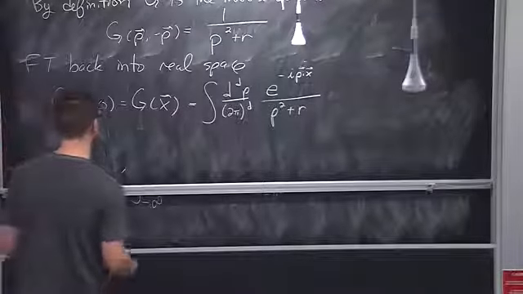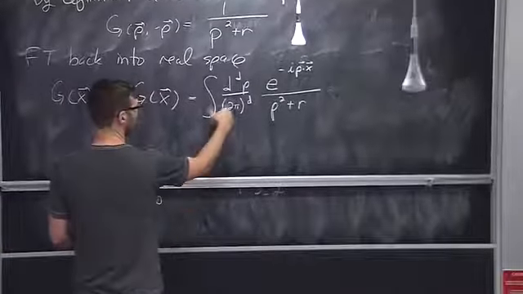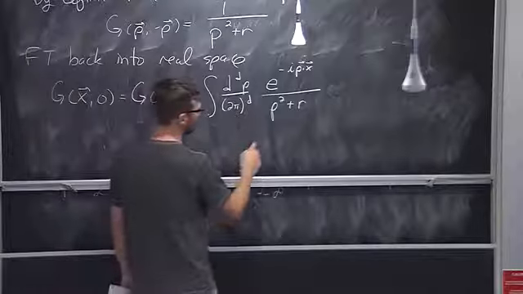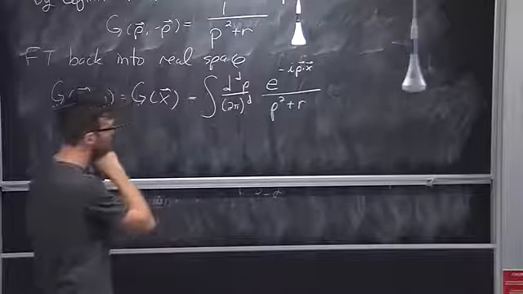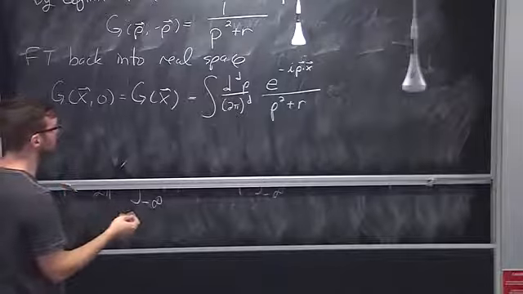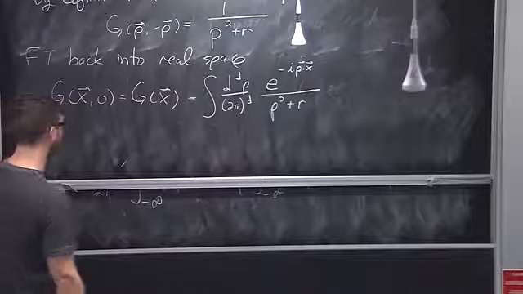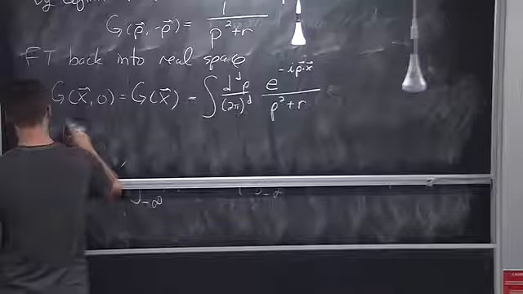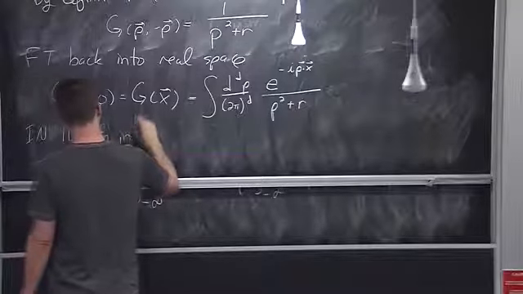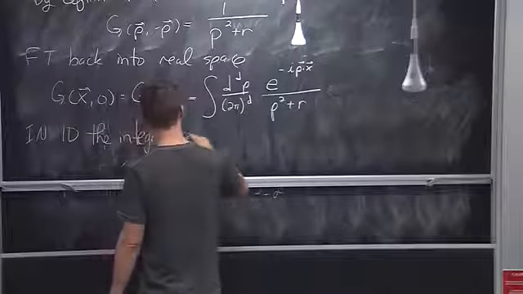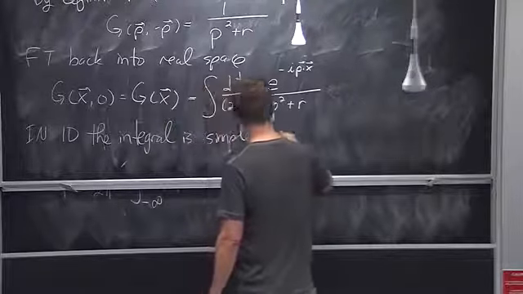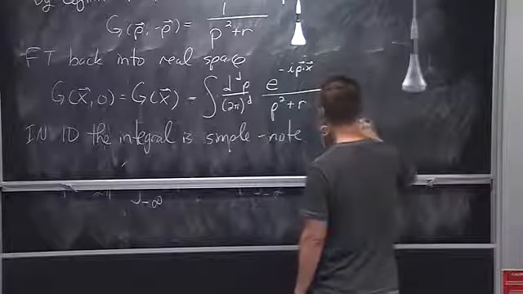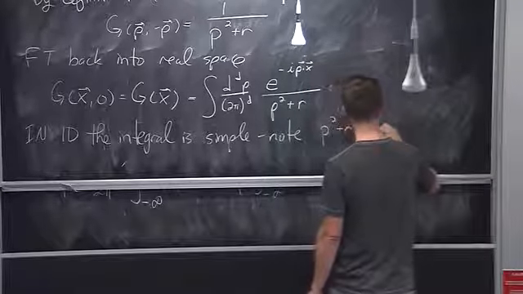Okay, so in 1D, this Fourier transform is really simple. But what's going on is we have a p squared plus r in the denominator there. So we can use complex analysis in a very simple way to do the one-dimensional integral. So let me write this thing as p.